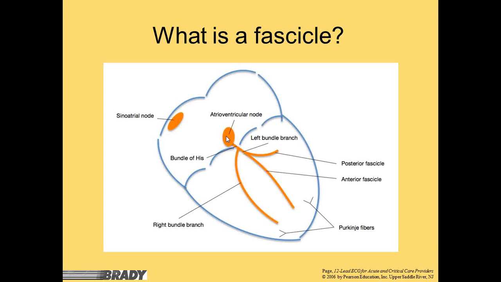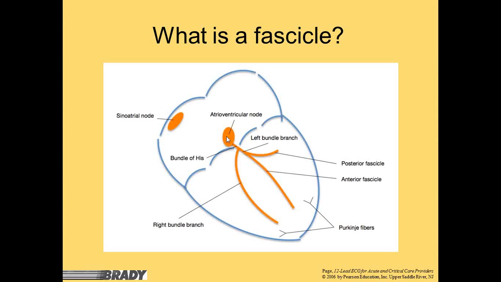Again, the job of that AV node is to collect that electricity and then hold it for just a fraction of a second while we allow the ventricles to fill and the valves at the top of the ventricles to close. Otherwise, when the ventricles contracted, it would be boom, boom, and the blood would shoot right back up in the atrium, and we would get nowhere pretty quickly.